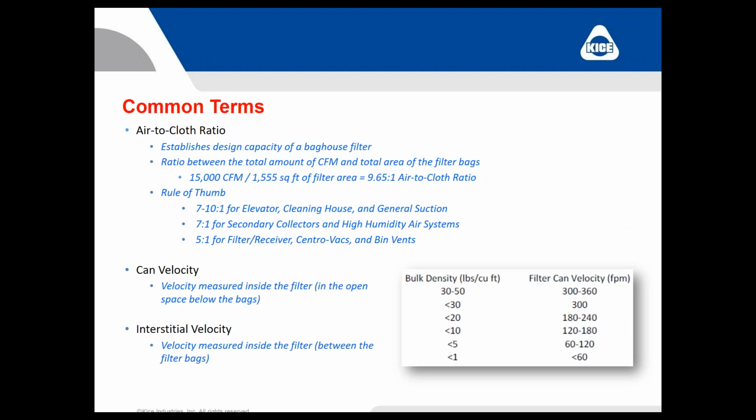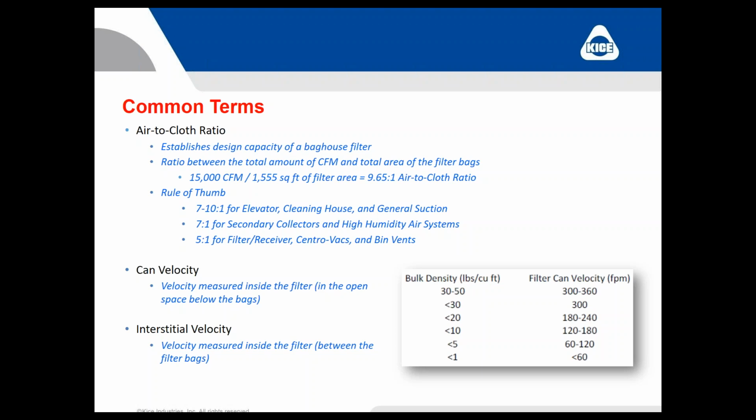I had a call today from a customer who said, Lonnie, I have an M14410. That's a modular 144 bag filter with 10-foot bags. He said, how much CFM can this handle?